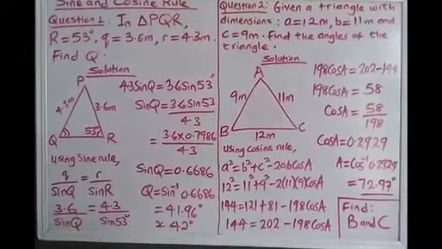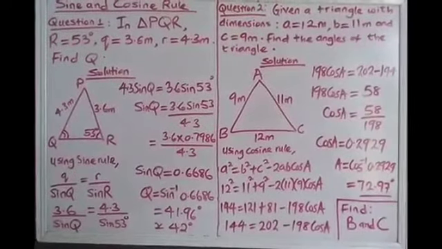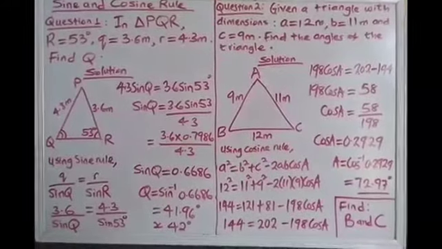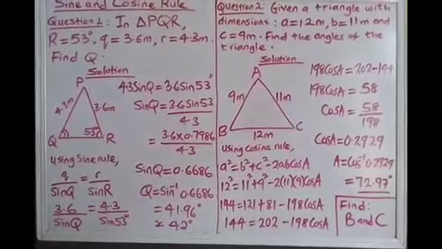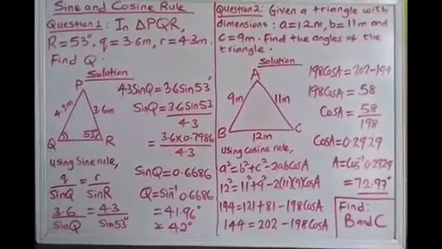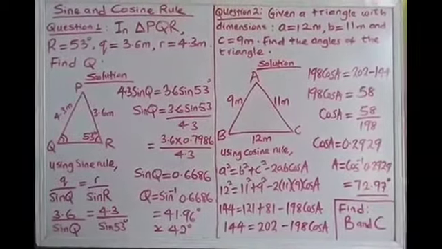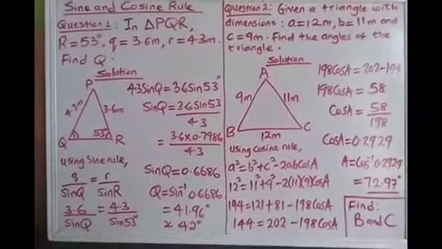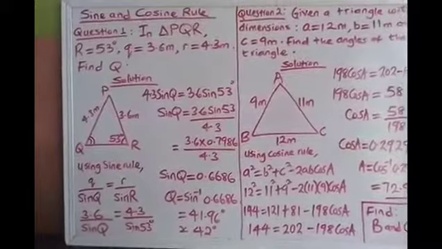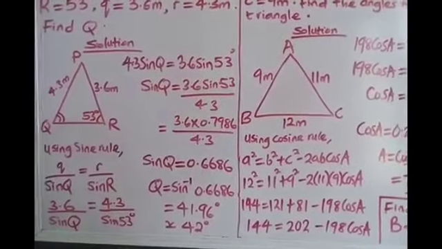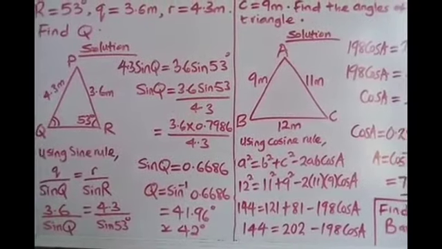Now, from there, we have small q over sine Q equals small r over sine R using the sine rule. We input our small q, 3.6 over sine Q equals 4.3 over sine R. When we cross multiply, we have 4.3 sine Q equals 3.6 sine 53 degrees. We make sine Q the subject of the formula.